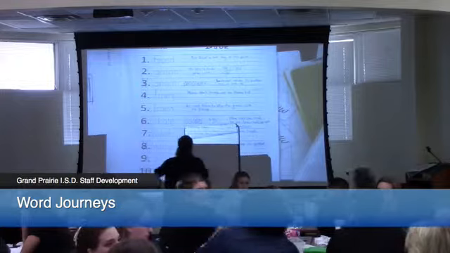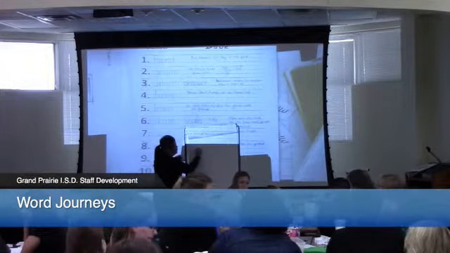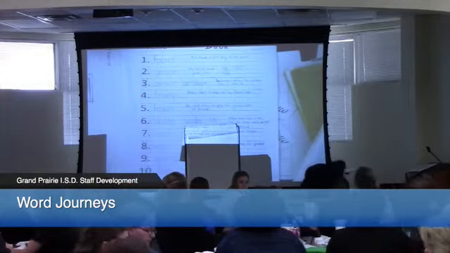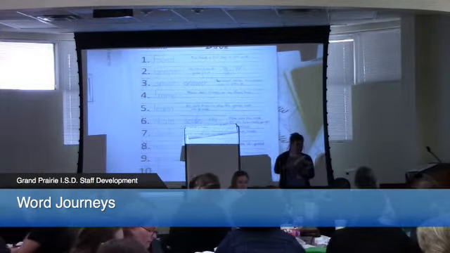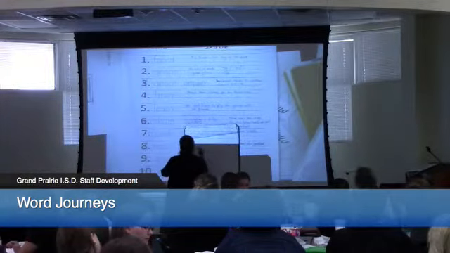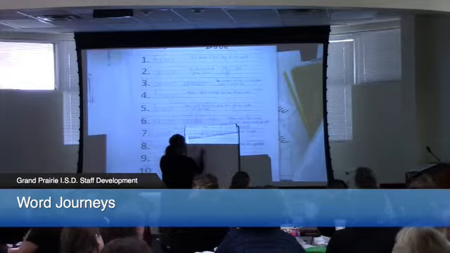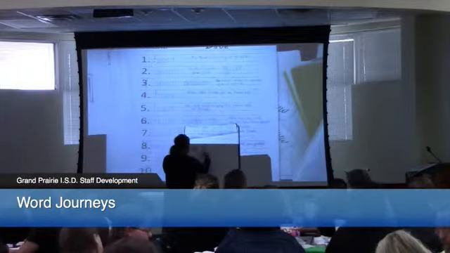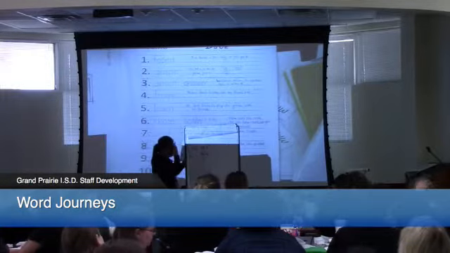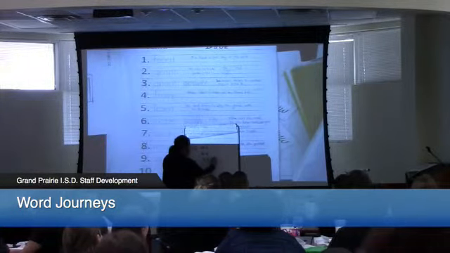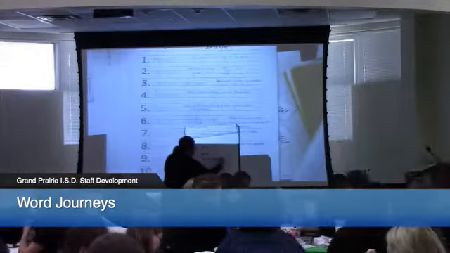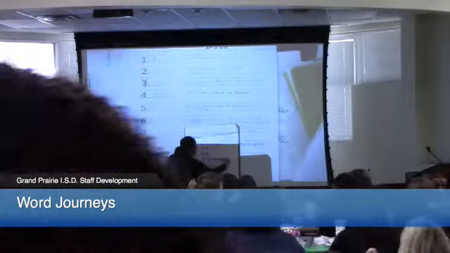Okay, so actually, it's not even K, it's 1, 2. So you have 60, 60, 30 minutes. This is your reading, this is your writing. On Monday, you introduce your word wall words and your word journeys.